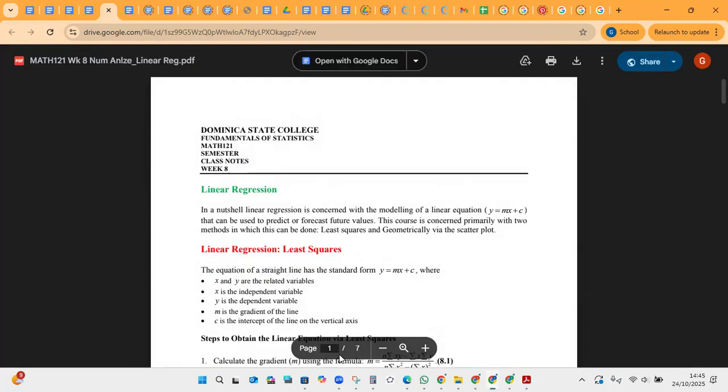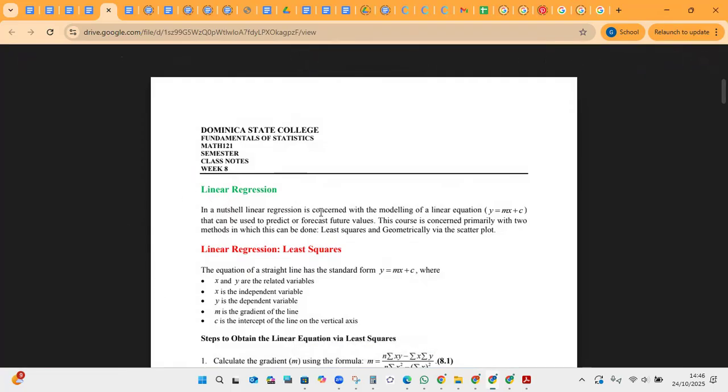It says linear regression. In a nutshell, linear regression is concerned with the modeling of a linear equation. You've got to create a linear equation using the data, and you can use that equation to predict and forecast future values.